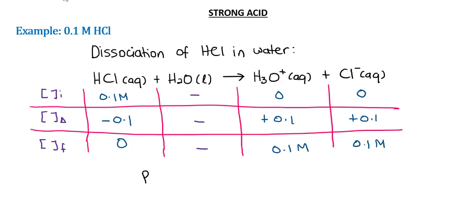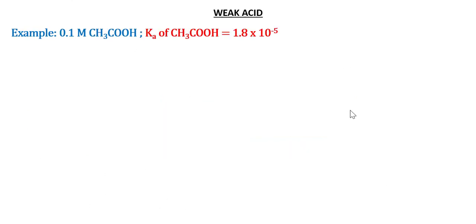Since pH is equal to negative log concentration of hydronium ion, we already have the final concentration of our hydronium ion, so just substitute the value and we will get the pH of 0.1 molar hydrochloric acid, which is 1.